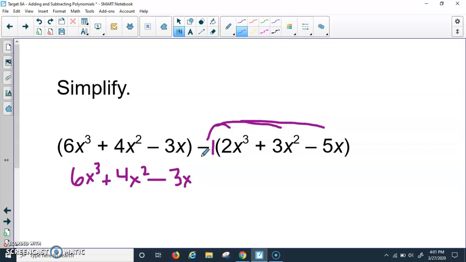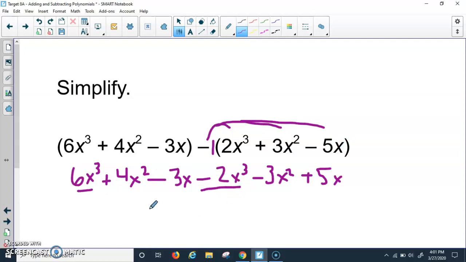And then you do have to change the signs on all of these. That becomes a minus 2x cubed, a minus 3x squared, and then a negative 1 and a negative 5x. If you multiply them, it's a positive 5x. Again, that negative basically changes the sign on all three of these terms in the second polynomial, and then you can just go ahead and match up your like terms.